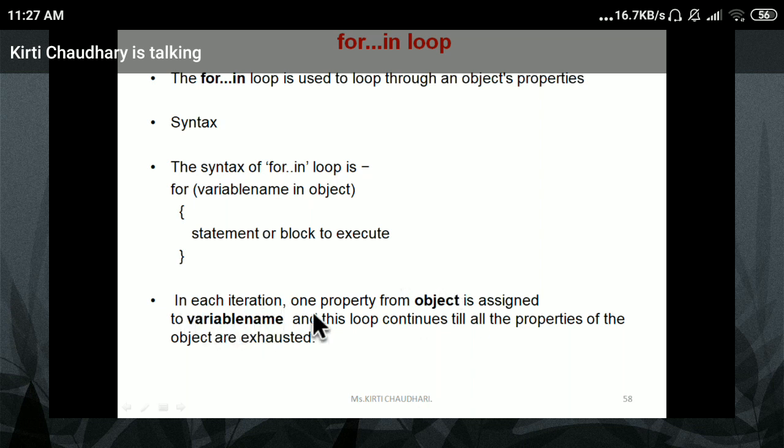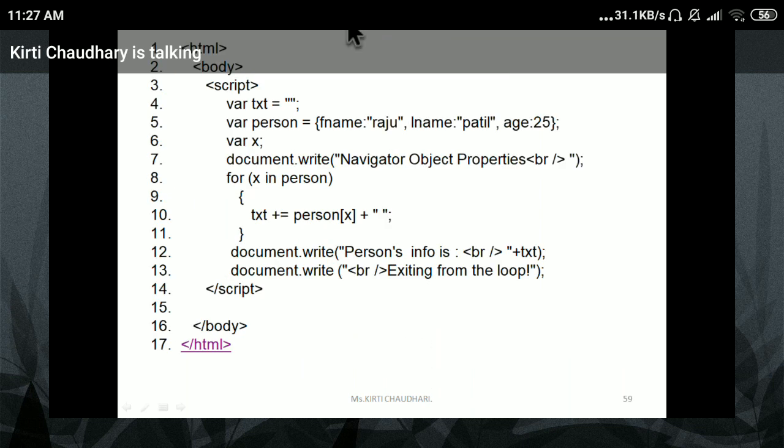In each iteration, one property of the object is assigned to the variable name, and this loop continues until all properties of that object are exhausted. So see the example here.